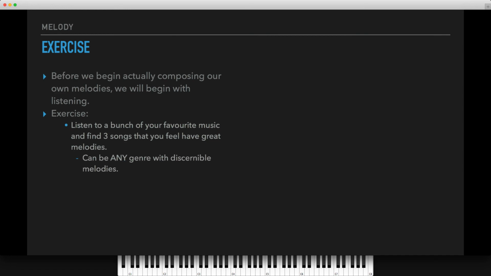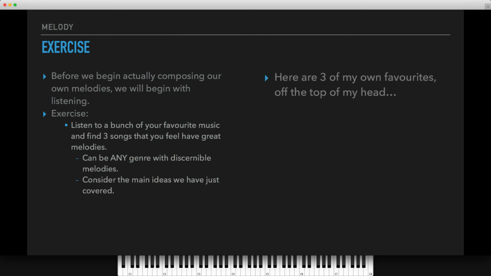Ambient music often doesn't have much melody. So use your discernment in terms of if the genre truly has clear melodies. But we want songs that have clear melodies. You want to find 3 from some of your favorite music. And then consider the main ideas that we have just covered, meaning contour and range and singability and things like this.